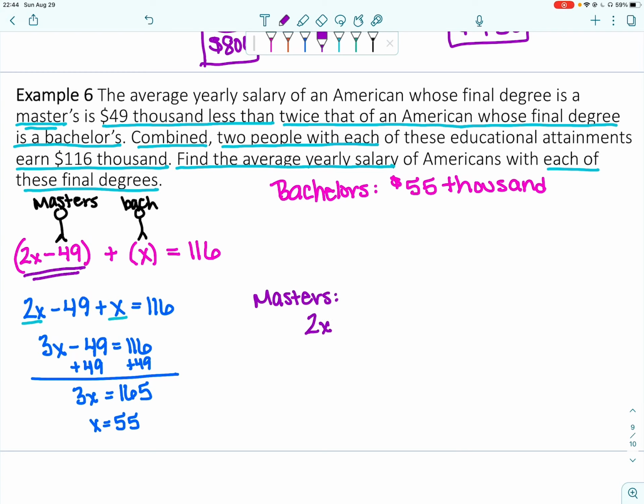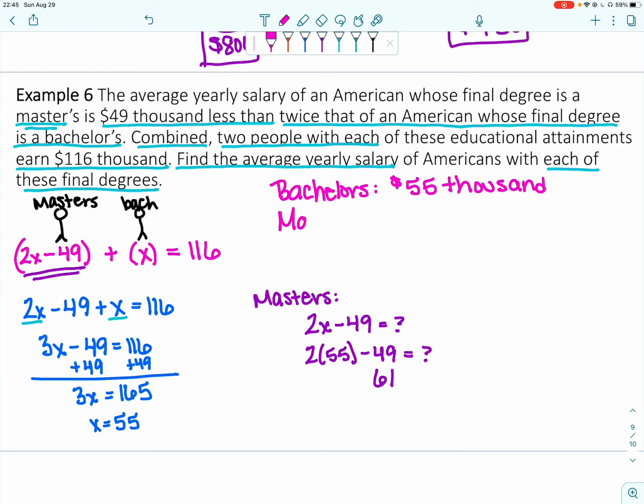So 2x minus 49 equals my unknown amount. But now I know that a person with a bachelor's makes 55,000. So 2 times 55 minus 49, this is 110 minus 49, which is 61.